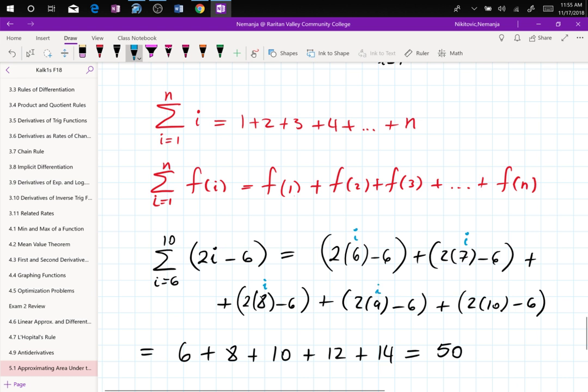Those are the i values, and they are governed by what's written on the bottom and the top of the sum, because it tells you the first value of i is 6 in this case, and the last value that i takes is 10. Now we can also put n, use 3 dots, and we also put infinity, and that's Calc 2. So in Calc 2 they will all go to infinity.